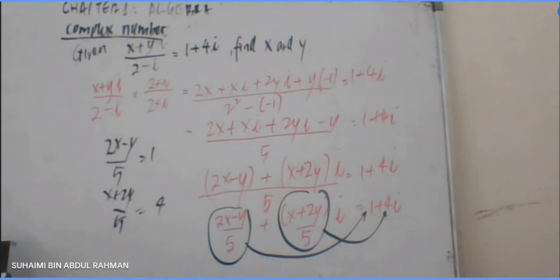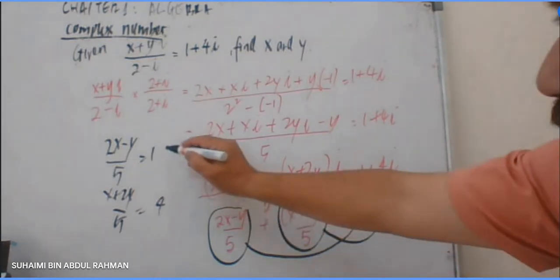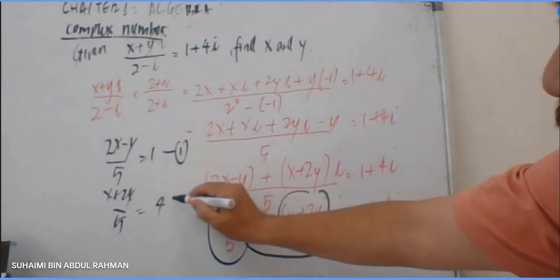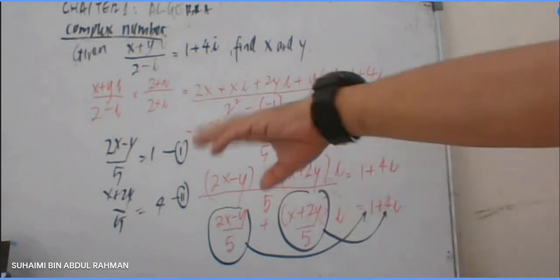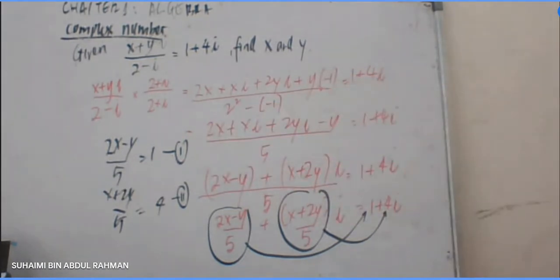Those are two equations. Name this equation 1, equation 2. So we can find the values for x and y by using simultaneous equations.